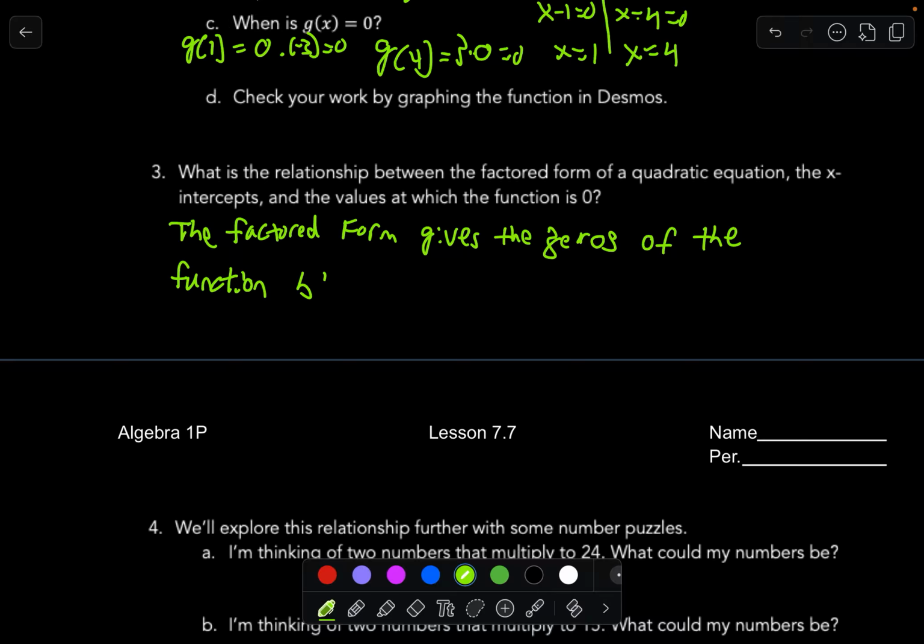Because we set each factor equal to 0 and solve.